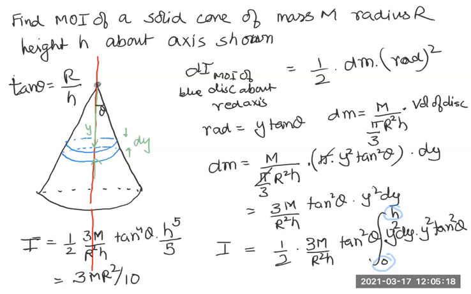Number two, what do you mean by negative radius? You cannot choose this as a variable. This you cannot choose.